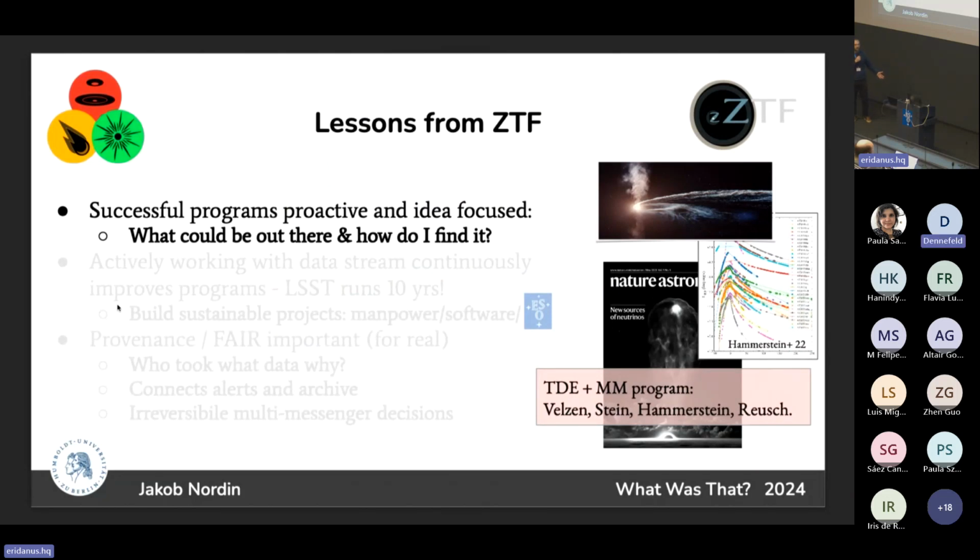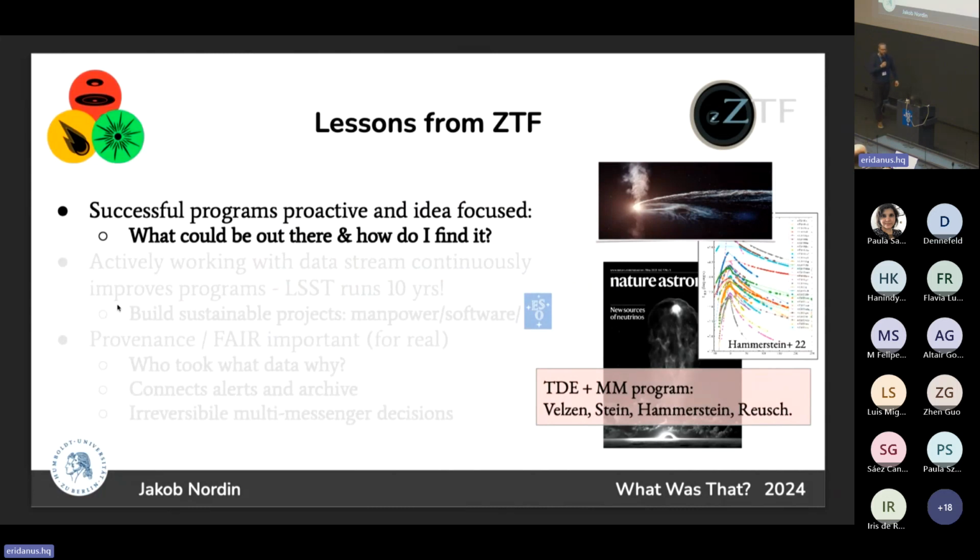And then it's a question, what happened then? One of the things that did not work very well for ZTF was that for a lot of science projects, development stalled a little bit after this initial flurry of activity.